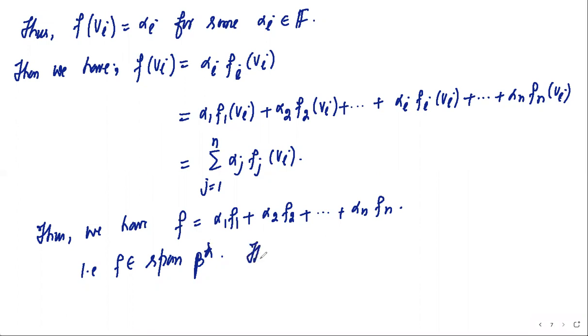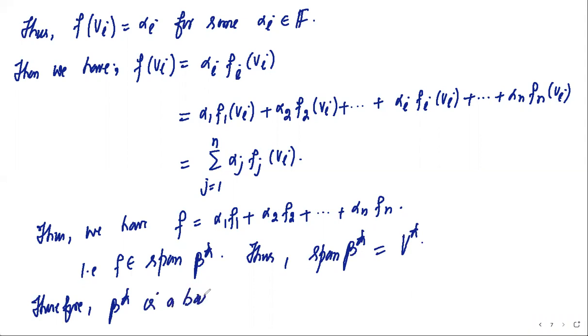So thus the span of beta star is equal to V star. Therefore beta star is a basis of V star.